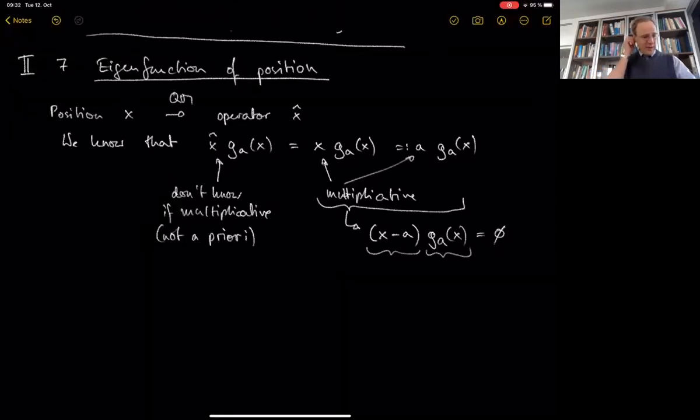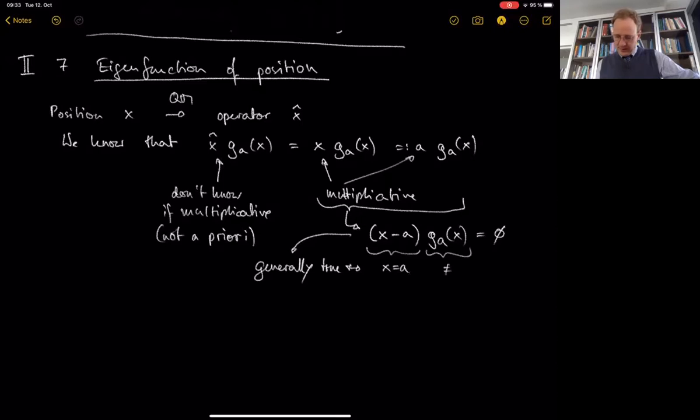Now, there are only 2 cases how this can generally be true. This is true if and only if either your X equals A and your G A non-zero, right?